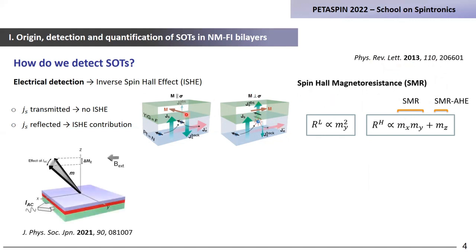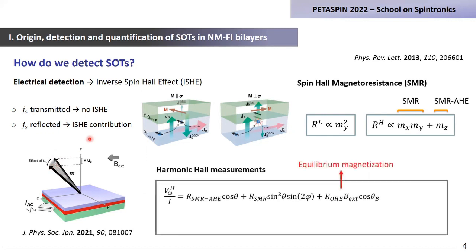To do so, we generally apply an AC current into the normal metal layer. This way, because of the oscillating spin orbit torques, we will induce oscillations of the magnetization about its equilibrium position. And experimentally, what we measure is the first and the second harmonic of this oscillation.